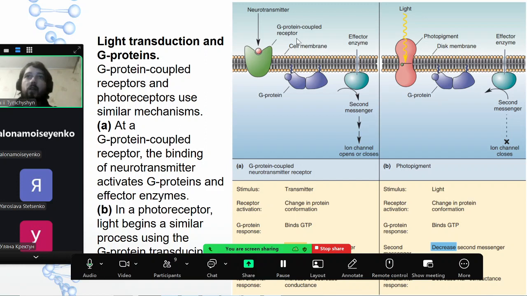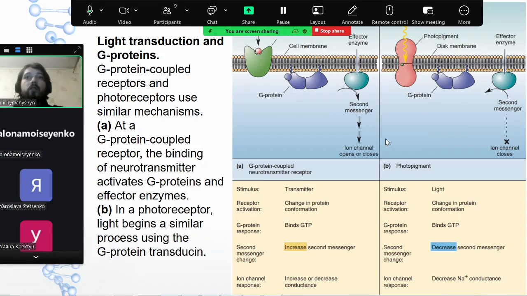Let's say we have some GPCR and some neurotransmitter interacting with it, and for comparison we have our rhodopsin and light interacting with that rhodopsin. Here you see a pretty similar case: we have some G proteins, some effector enzyme, and some second messengers.